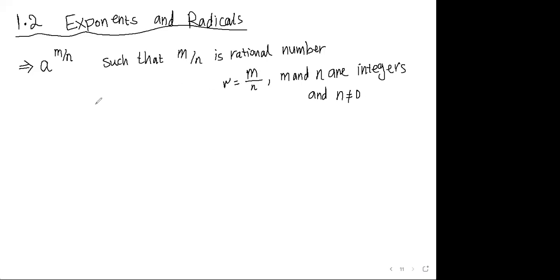Okay. So the first part of this section is about integer exponents. What does that mean? Suppose I have 5 times 5 times 5. How can I represent this as an exponent? Who can help me?